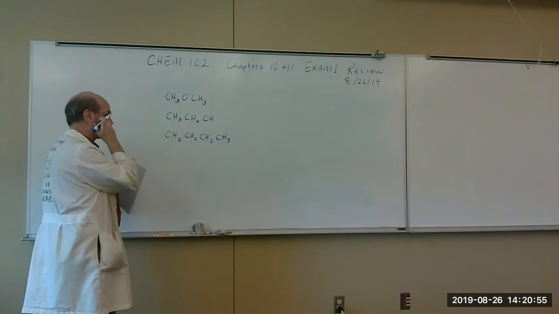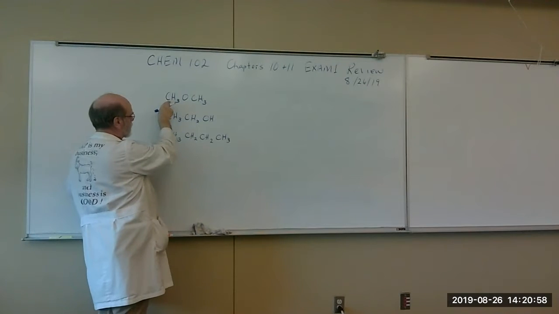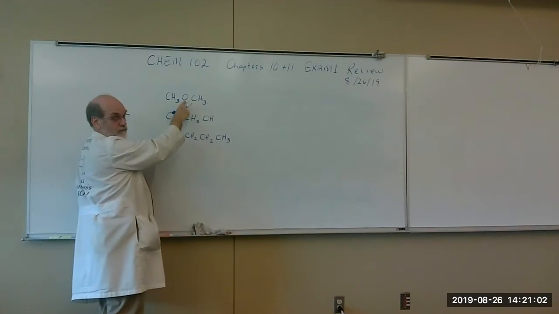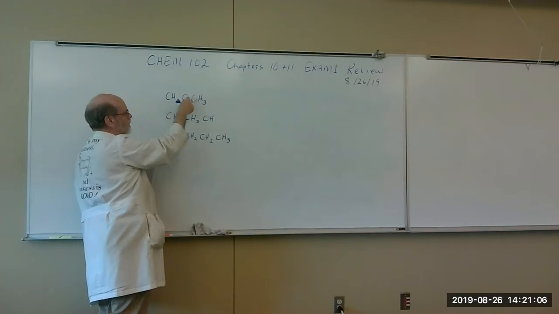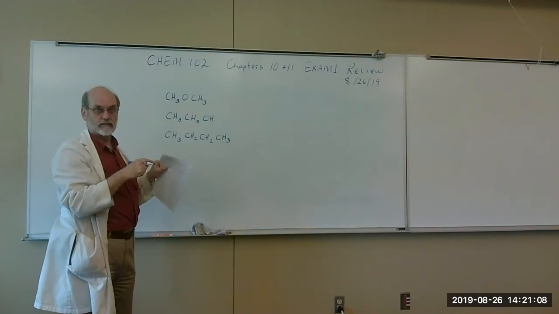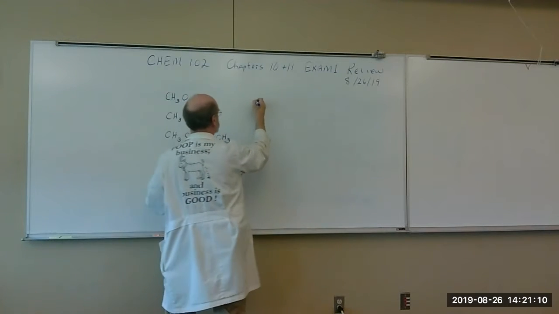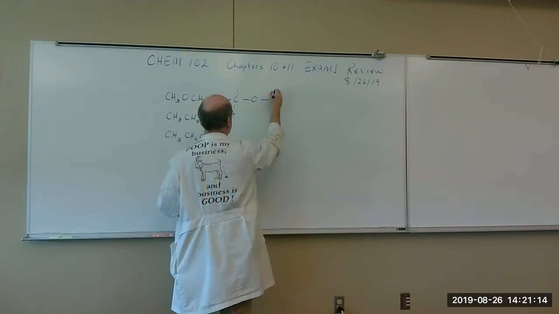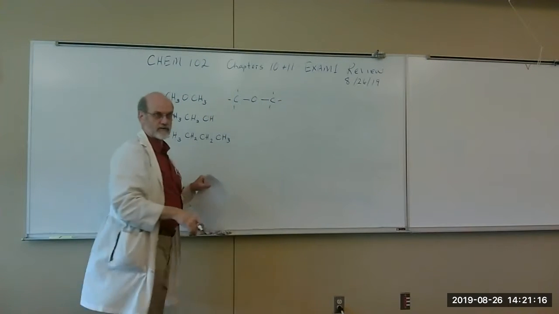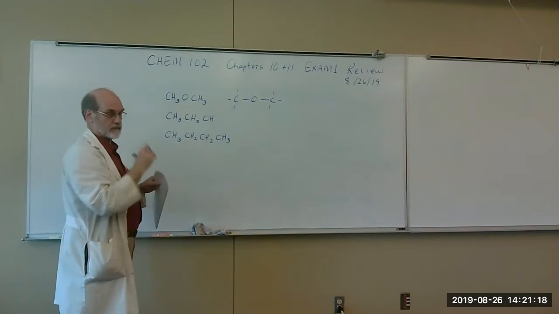Now the convention is, when I write these hydrogens next to that carbon, they're not bound to this atom. They're bound to the carbon, and the carbon is bound to that atom. Okay? So it would look like this, and those would be your hydrogens. That's the convention.